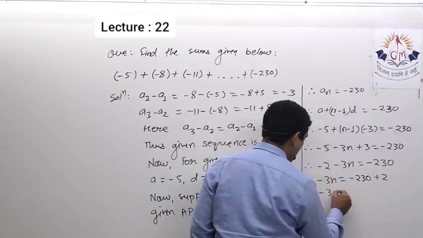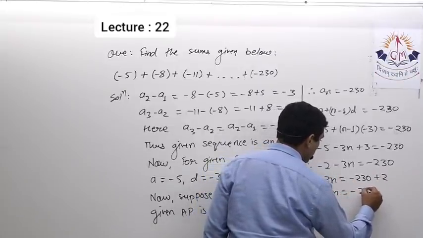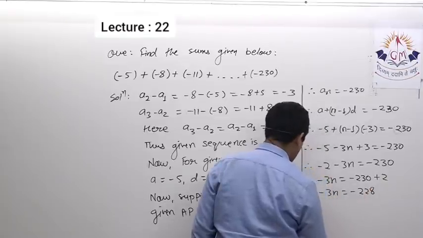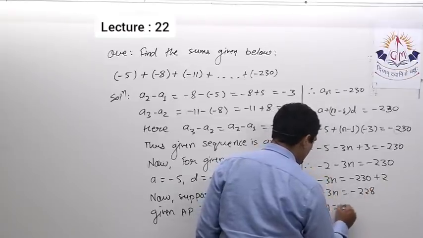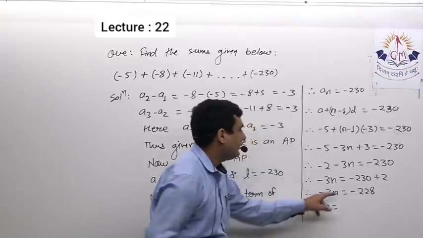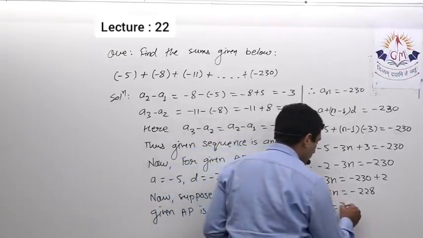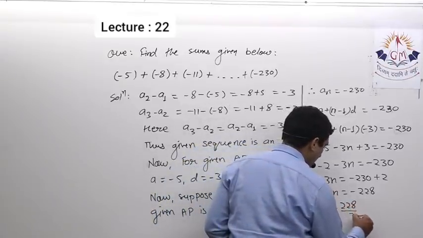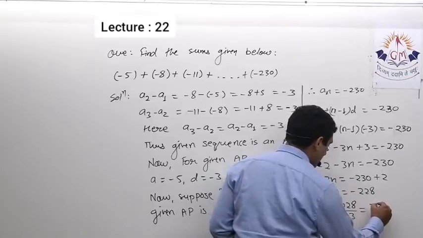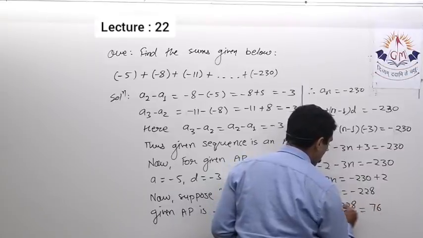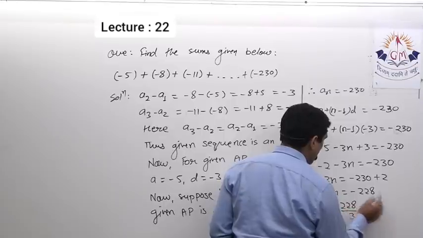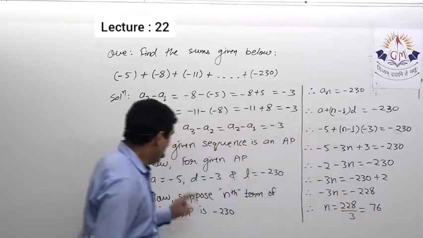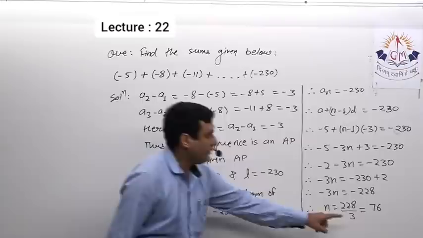So minus 3n is equal to minus 228. Therefore n is equal to 228 upon 3, 228 divided by 3, that is 76. Therefore this AP contains 76 terms.